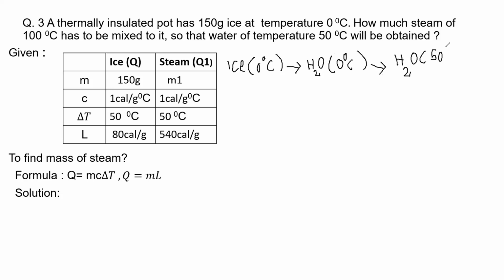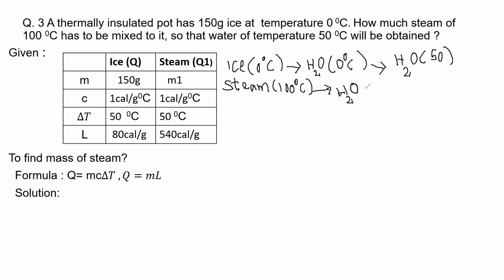For the temperature of water to become 50 degrees Celsius, how much steam is required? That means mass of steam we want to find out. So here ice gained or absorbed heat. Now in the case of steam, we know steam temperature will decrease. That is, steam temperature is 100 degrees Celsius. On decreasing, steam will undergo condensation. That means steam will get converted to water.